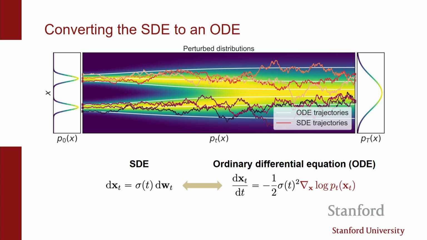Essentially, this machinery defines a continuous time normalizing flow, where the invertible mapping is given by solving an ordinary differential equation. These white trajectories are the solutions of the same ordinary differential equation with different initial conditions. They cannot cross, because that's an ordinary differential equation. So the paths corresponding to different initial conditions can never cross, which means that the mapping is invertible, which means that this is a normalizing flow.